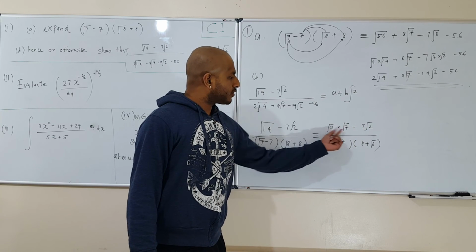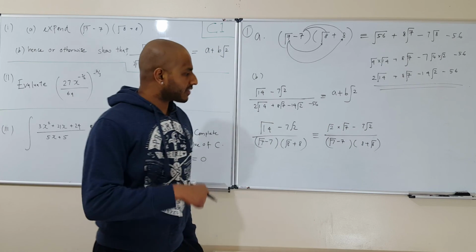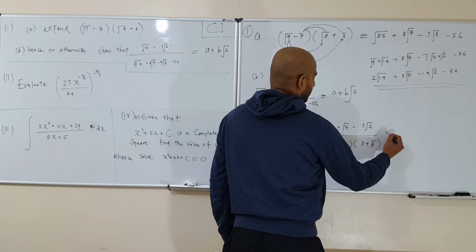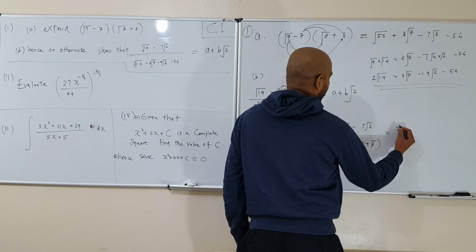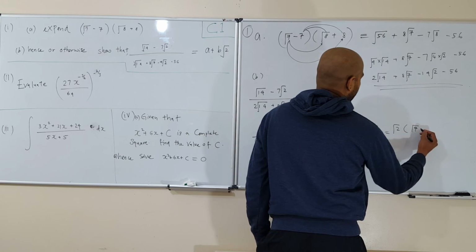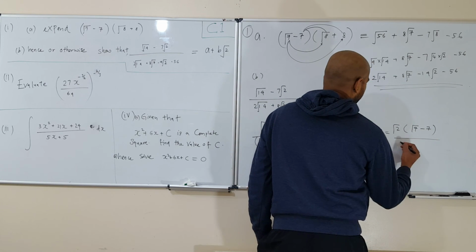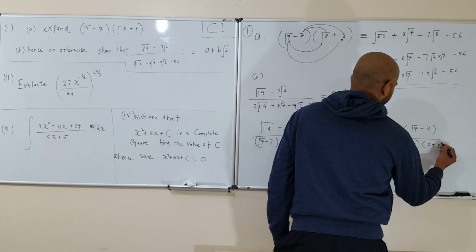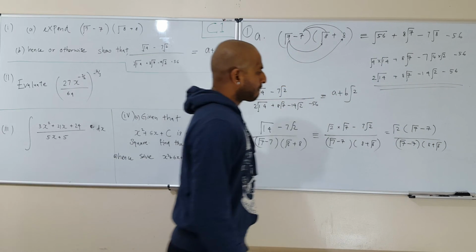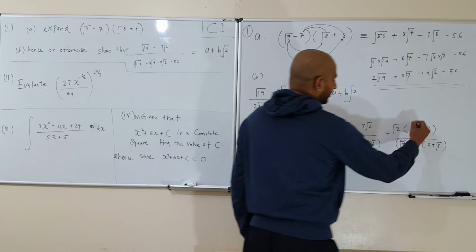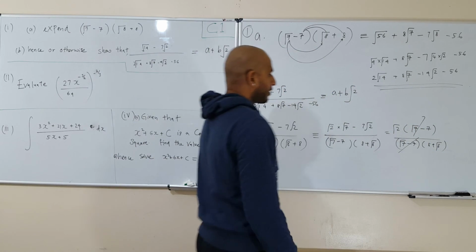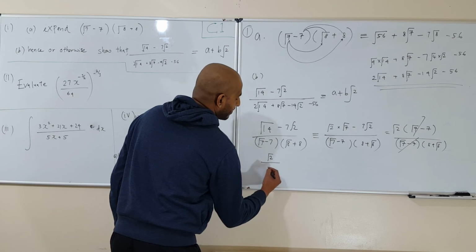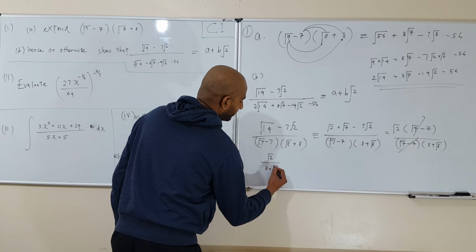When I take that root 2 out, then I can cancel things out. So the common factor is root 2 there. So root 7 minus 7 divided by root 7 minus 7 times 8 plus root 8. Now they're cancelling out. So what we're going to get here is root 2 on the top, and at the bottom 8 plus root 8.